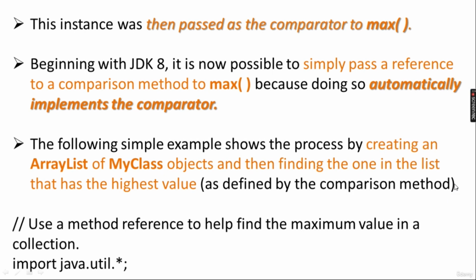There is one class called MyClass, and we will create an ArrayList of MyClass objects, and then find the one in the list which has the highest value. This uses a method reference to help find the maximum value in a collection.